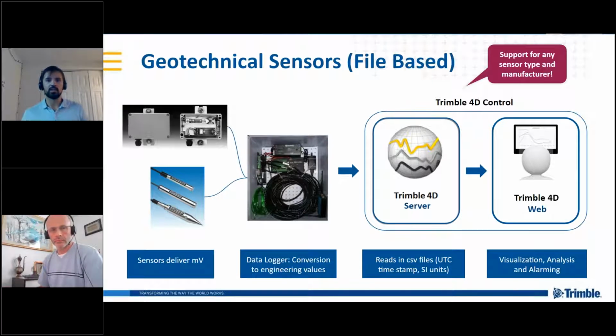So what do we do with that data? We create reports and understand how it's moving over time and assess those trends. And one key note here that you can see on the top right is the support for a variety of sensor types and manufacturers. As long as that data can be extracted from the data logger in a meaningful way, it can be supported in T4D.